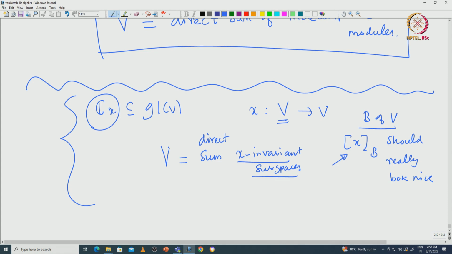So, you can see how powerful representation theory is. With that comment I will stop now. We will continue in the next class with further terminology in representation theory like homomorphisms, quotients and some isomorphism theorems. I will stop now. Thank you.